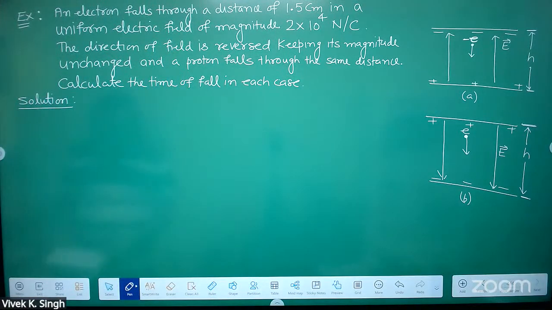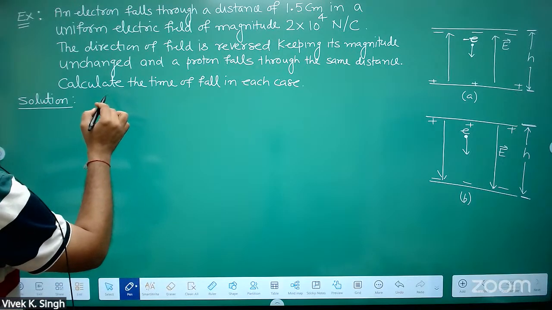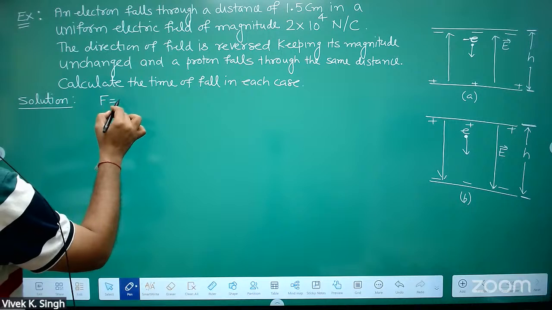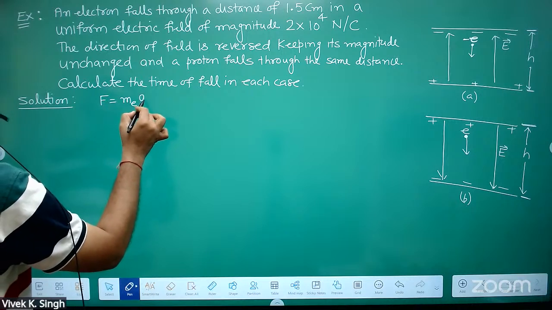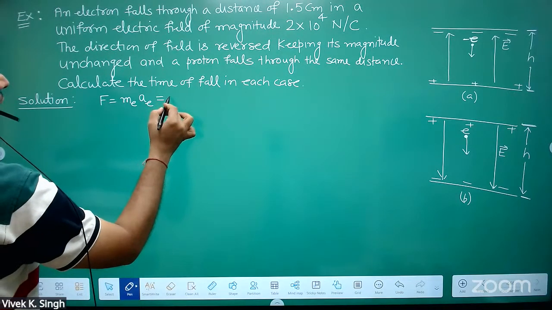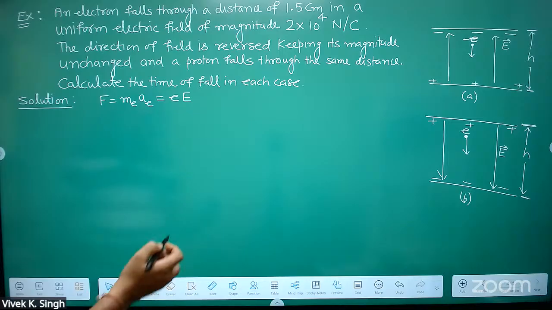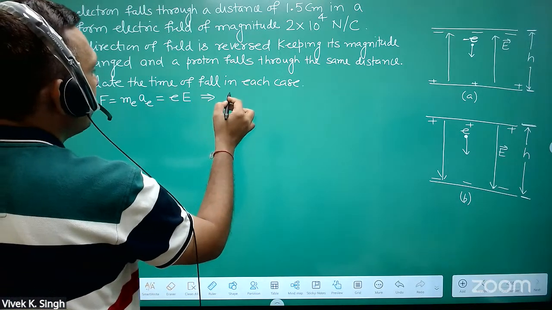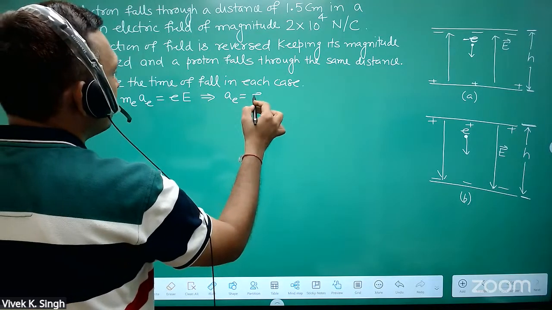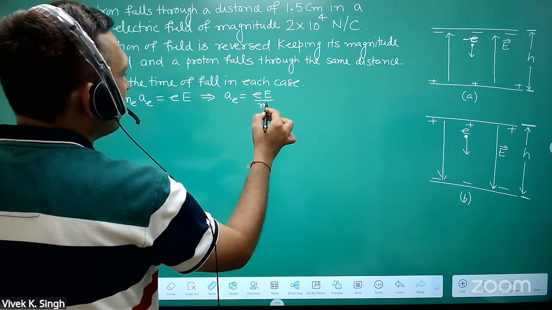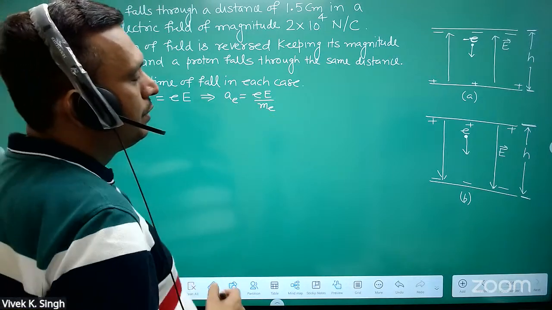So what will be the acceleration of electron here? So just see, force is mass of electron into acceleration, and this is e into E. Force experienced by the charges in external field is eE, where me is the mass of the electron. So what will be the acceleration?